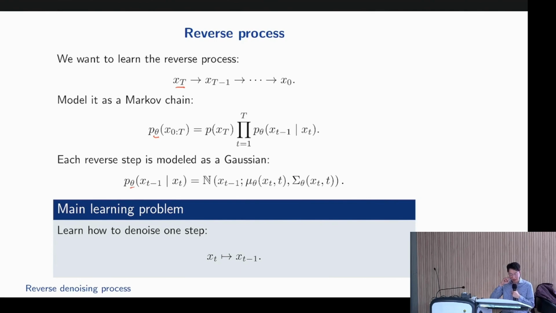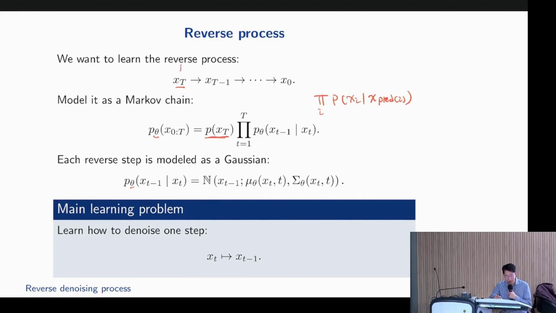P theta of x0 all the way to capital T, by probability factorization by chain rule, is the product of P of xi given its predecessor, and xT doesn't have any parent.